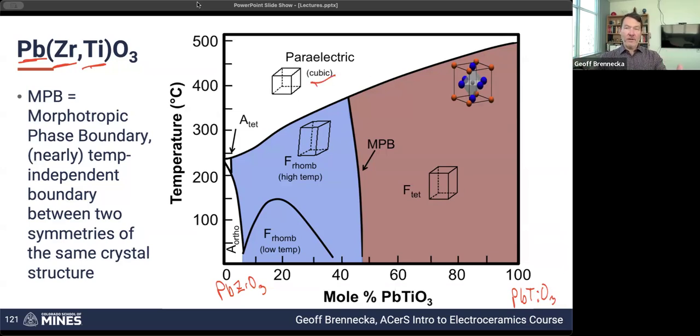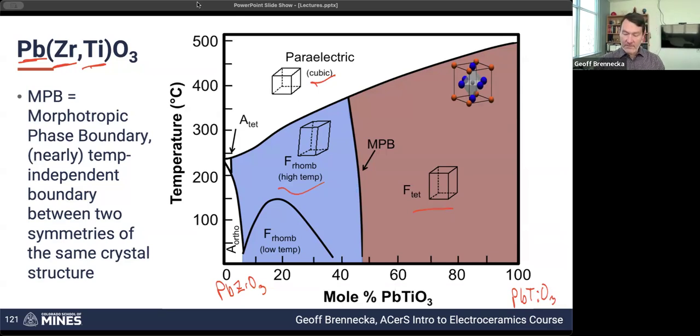At high temperatures, the prototype symmetry is cubic. And then as we cool down, if we're lead titanate rich, titanium rich, then it turns into a tetragonal form. And if it's zirconium rich, then it turns into a rhombohedral form. That's just the lowest energy state.